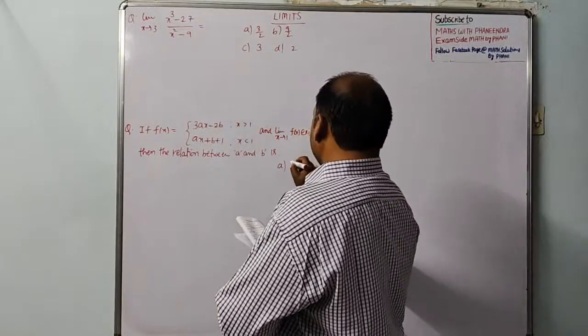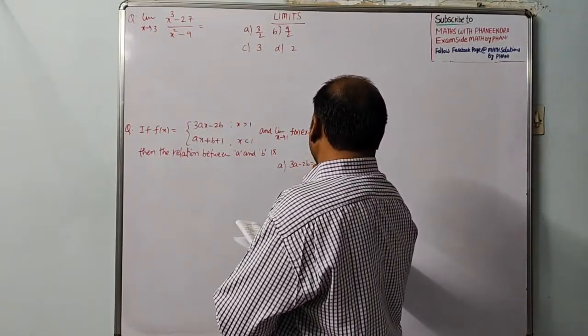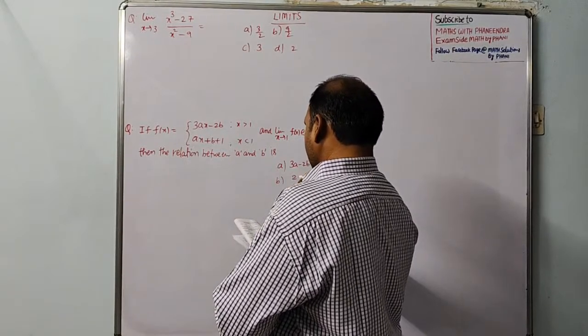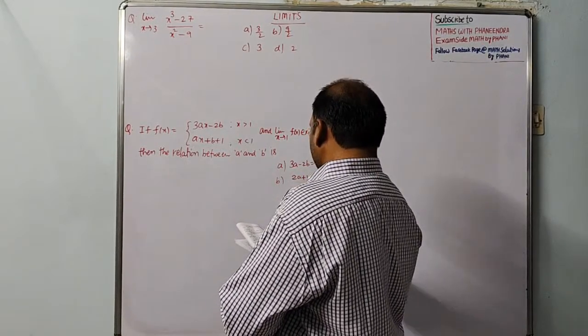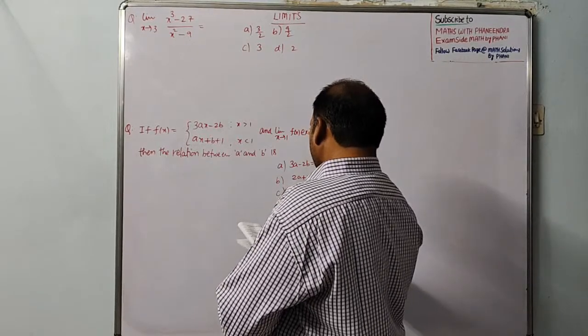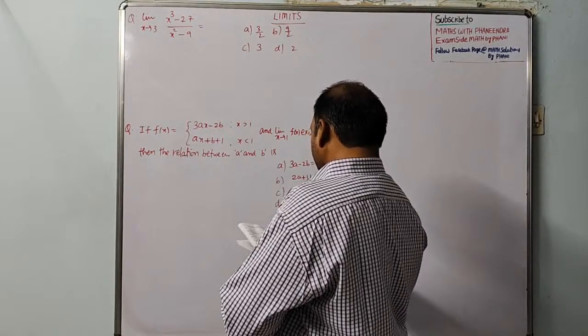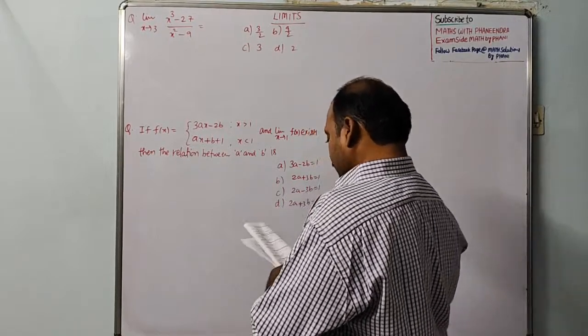So first option 3a minus 2b equal to 1, second option 2a plus 3b is equal to 1, 2a minus 3b equal to 1, 2a plus 3b equal to minus 1.